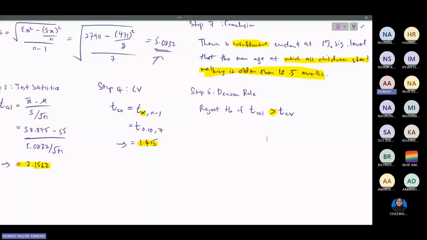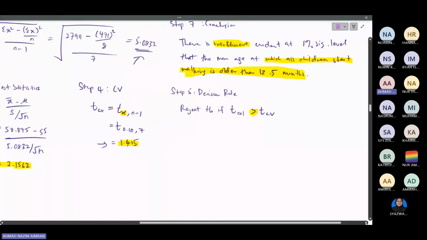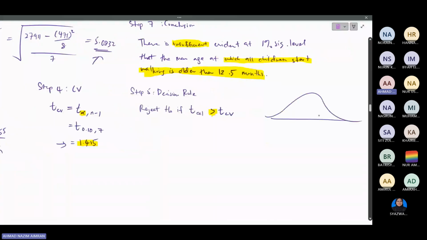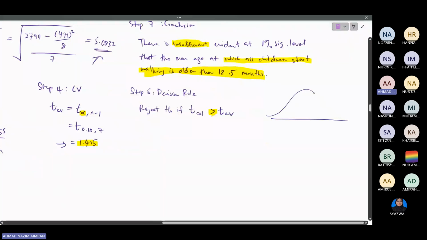Why? Because we want to know whether the t calculated falls under the rejection region or not. So this is the t critical value of 1.415. We want to know whether it falls under this rejection region or not.